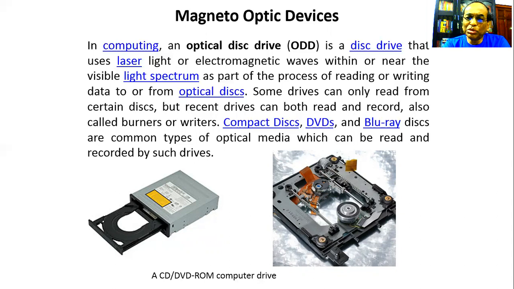These are usually used in the computer, laptop, and also very portable devices. So these are the magneto-optic devices. The optical counterpart is there for the alignment of the recording. Very fine alignment is carried out by the laser light.